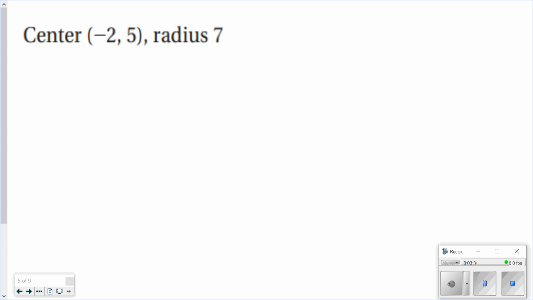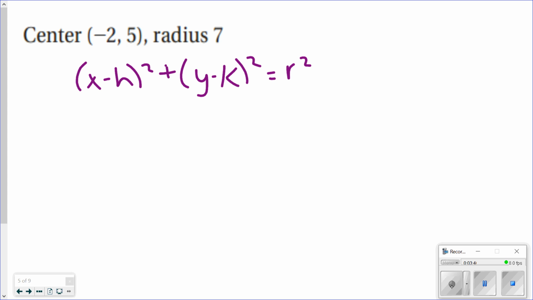How about if our center of the circle is (negative 2, 5), and our radius is 7? Remember, my first step is to write out my standard form. So now I need to plug in h and k. We know negative 2 is h, 5 is k.